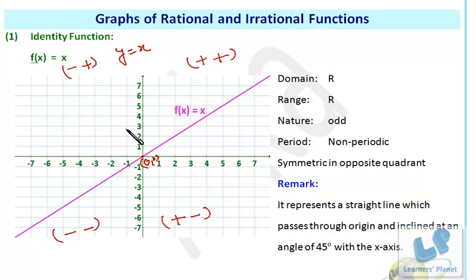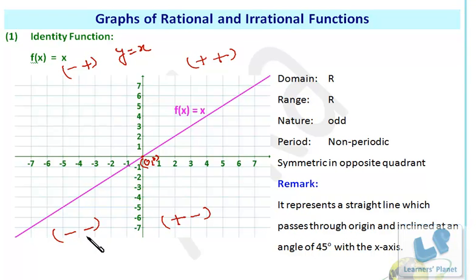Similarly, this is y-axis. On the right hand side of y-axis, x is positive, and on the left hand side of y-axis, x is negative, right? I repeat, this is y-axis, on the right hand side, the values of x are positive, and on the left hand side, the values of x are negative, right? So these are the basic things that you need to keep in your mind.